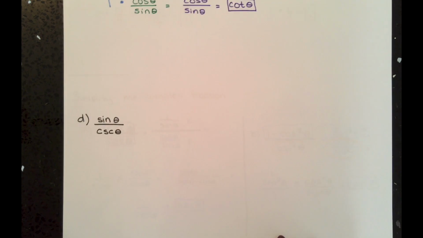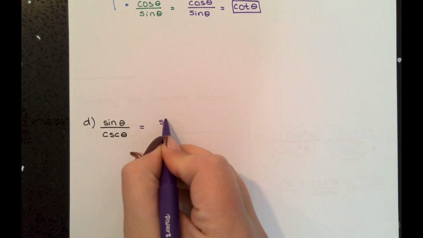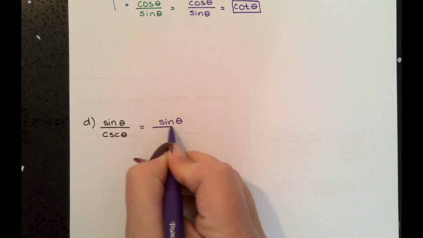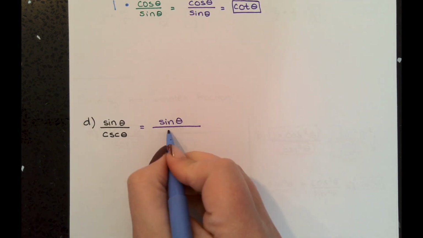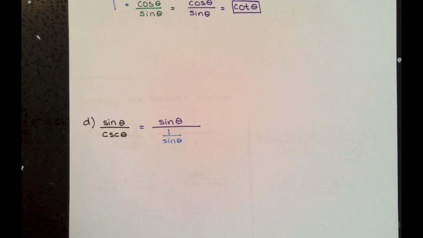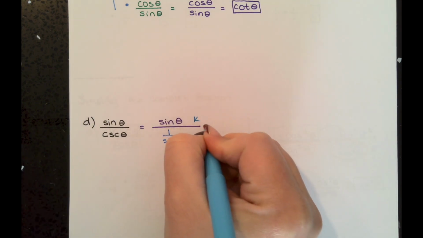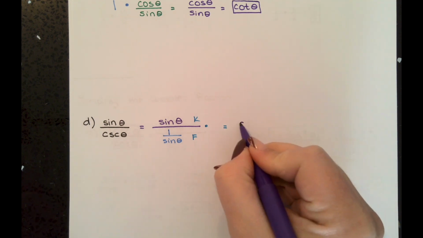Okay, next one. We have sine of theta over cosecant. Since we already have sine, we don't change that. Cosecant, however, is the reciprocal of sine, so that means we have 1 over sine of theta. Keep, change, flip. Keep the sine.